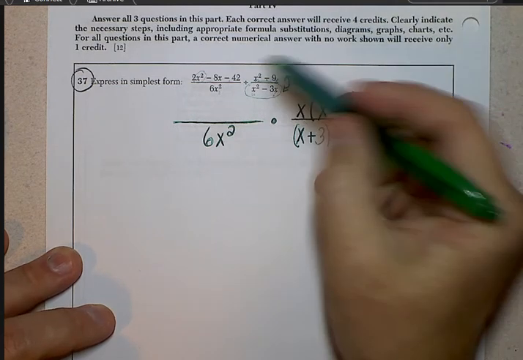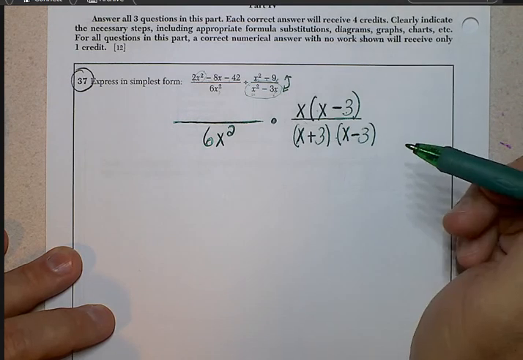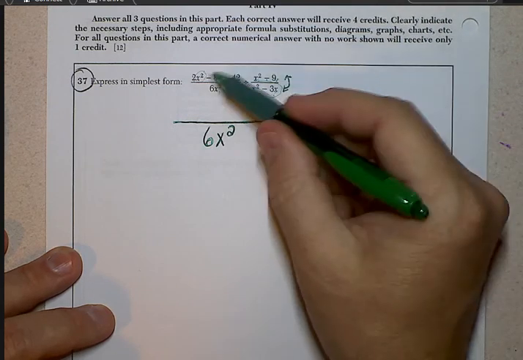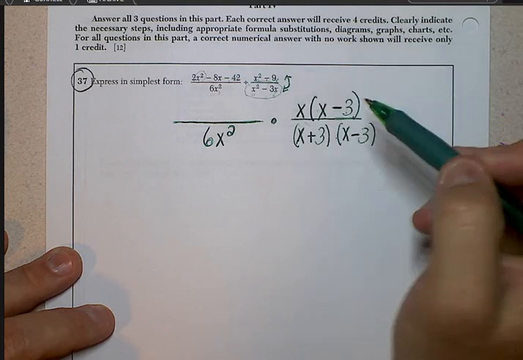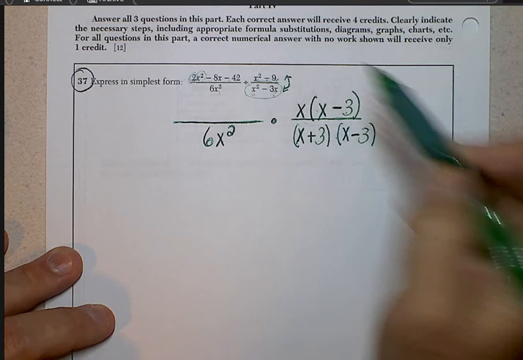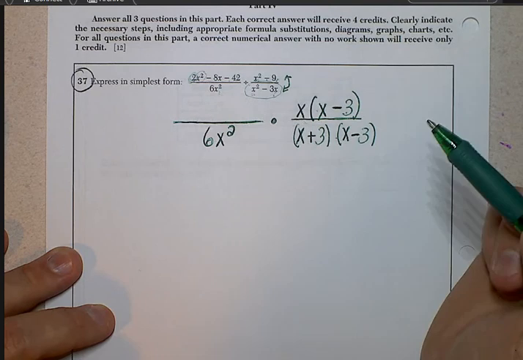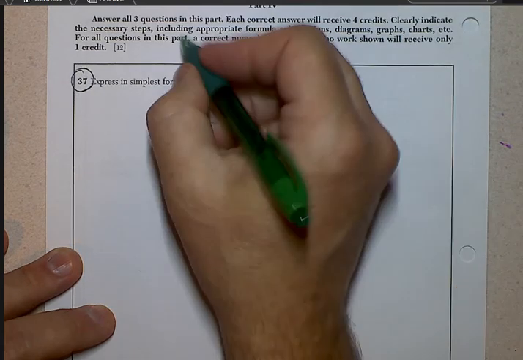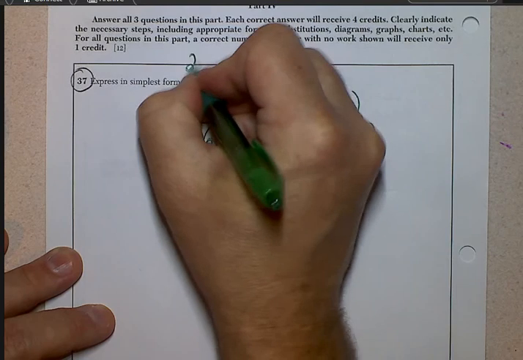The last piece is this 2 times x squared minus 8x minus 42. All right, if you have this leading coefficient of a 2 in front, look hard for the GCF because it makes our factoring a little bit easier. And sure enough, there is a common factor of 2, so I'm going to pull that out.